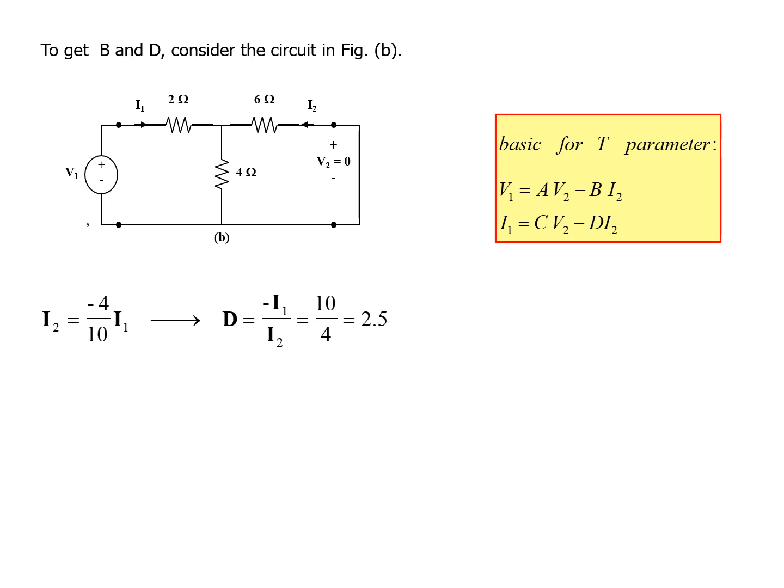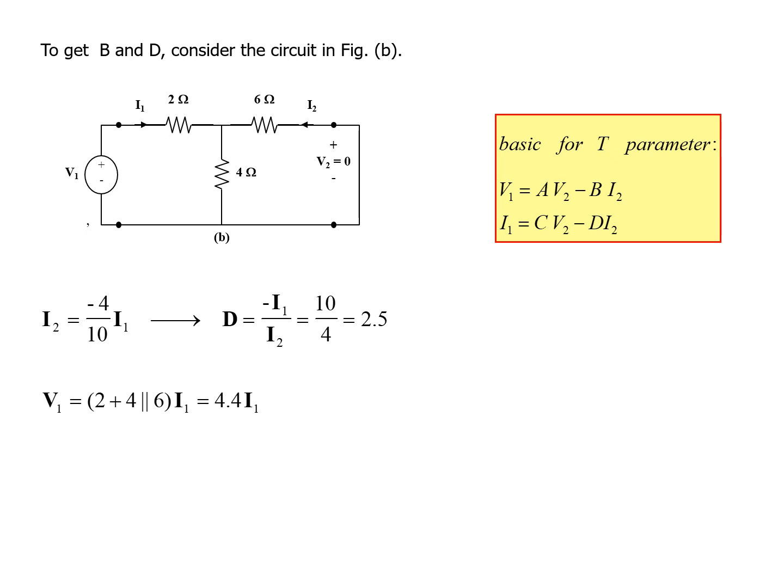We rearrange that and get D equals minus I1 over I2, and that is 10 over 4, which is 2.5.